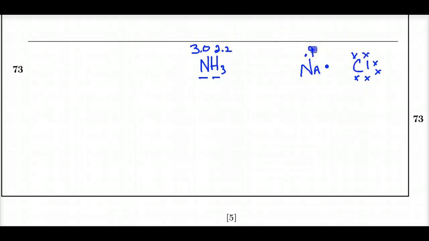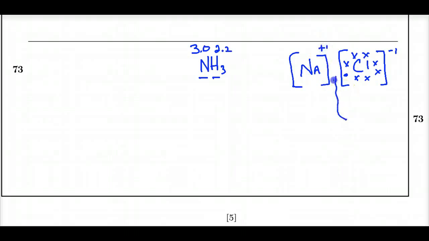So large of a difference that chlorine, which by the way should have 7 of these X's or dots, takes that 1 electron and makes it have a complete octet, which is now 8. Let me just draw that in there. And now, because it gained it, we say that everything inside is -1, and the metal lost all of its valence. Everything inside now is +1, and they stick together by an ionic bond.